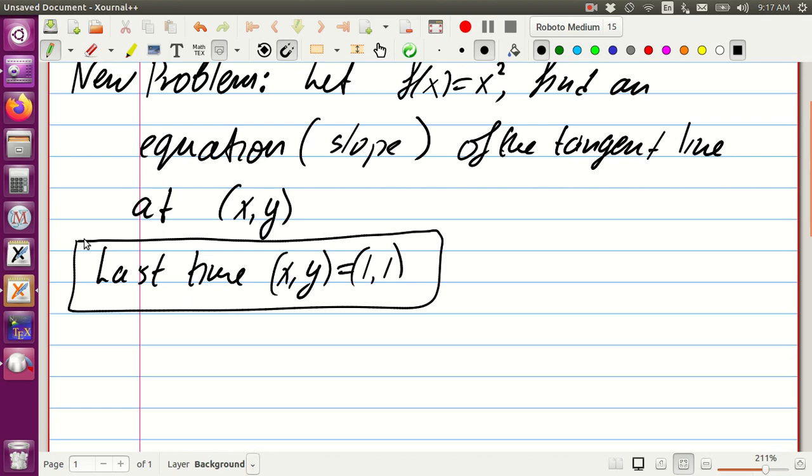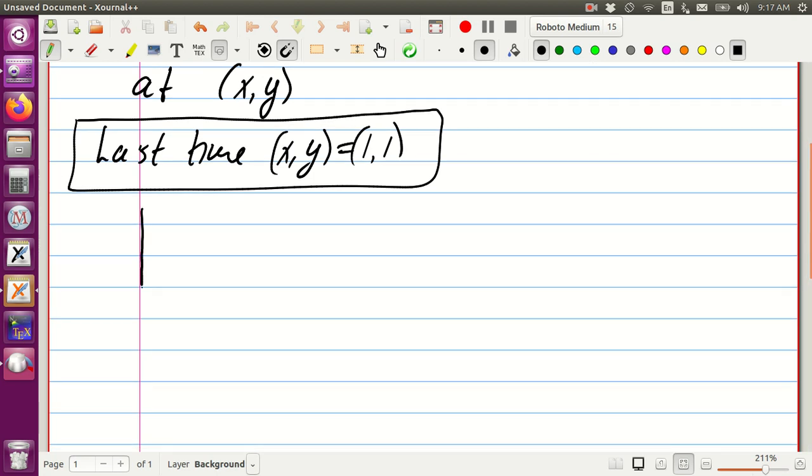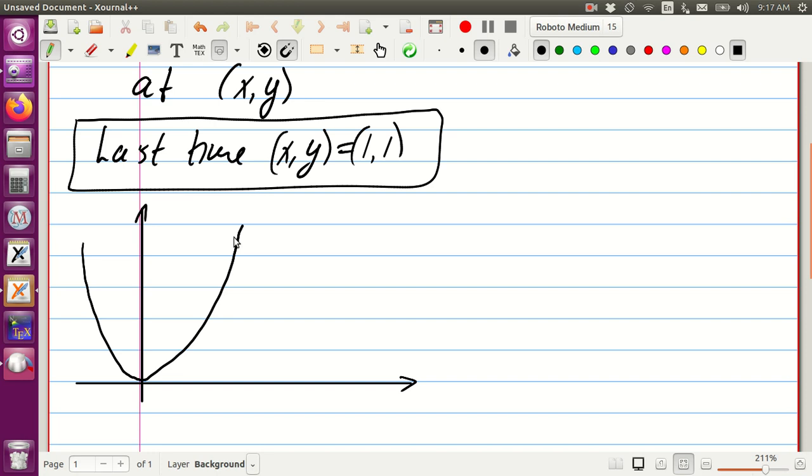Okay, so let's slowly start building this problem up. We have a function which is a quadratic function. If you remember, the shape is something like this. And suppose we have some point which is denoted by x here and y over here, and usually we call it x comma y.